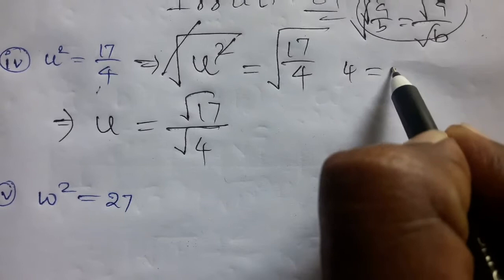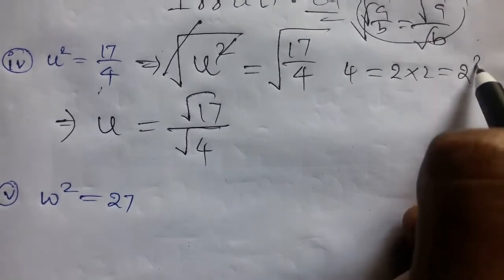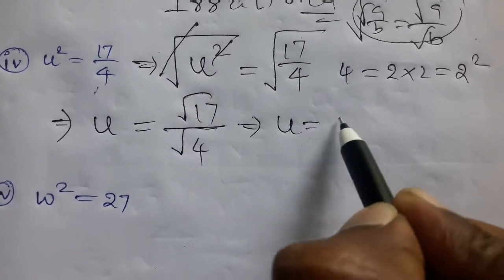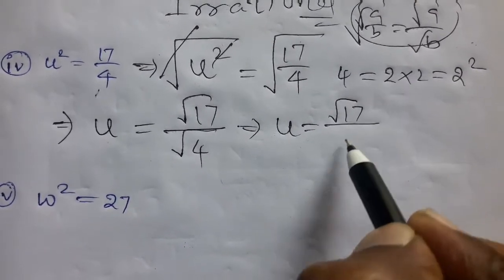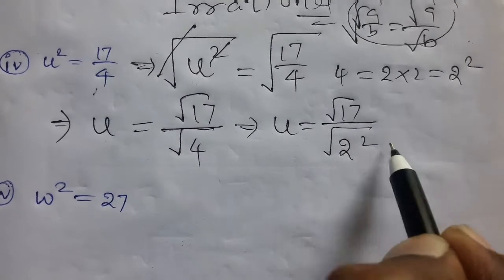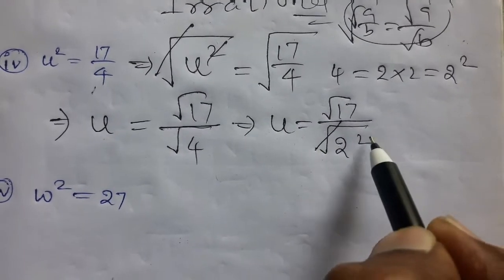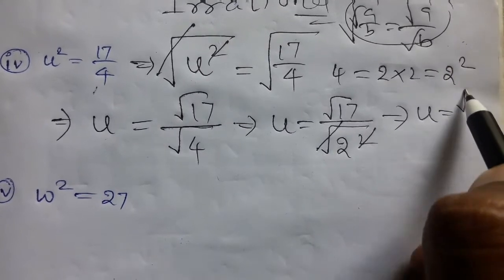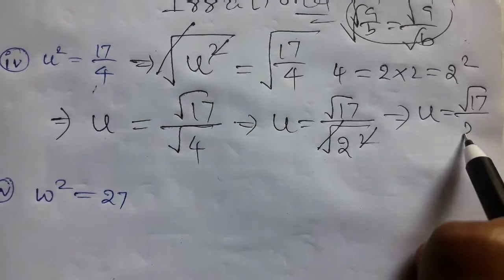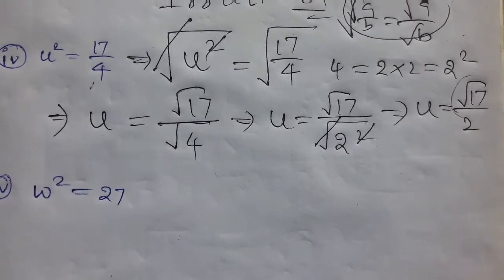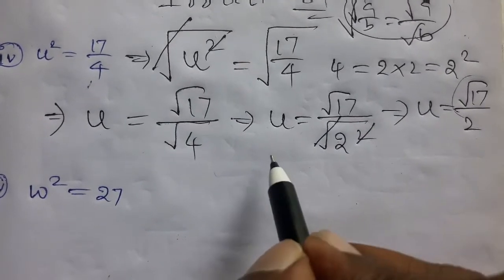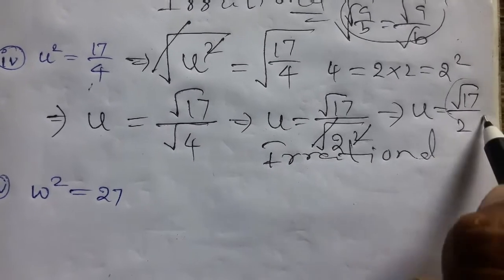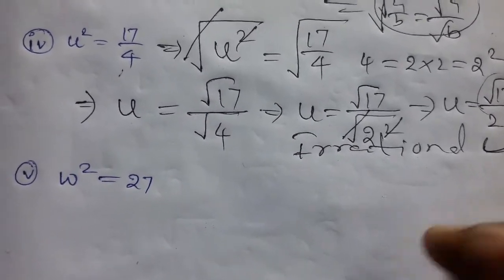Now 4 can be written as 2 into 2, that equals 2 square. Now u equals root 17 by root 2 square. This root and square cancel, so u equals root 17 by 2. So root 17 is irrational. So the given equation is also irrational.